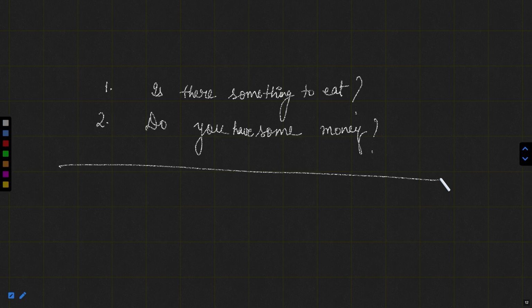I want that there must be nothing to eat, and I will go out and dine out. Now, I'll ask her, is there anything to eat? Because I expect over here that she should say no, and that will be beneficial for me. I will go out in the market and eat whatever I want, whatever I love to eat.